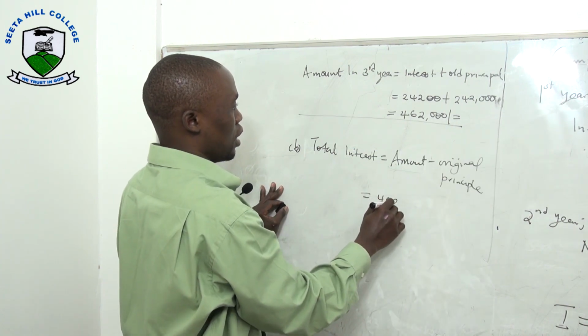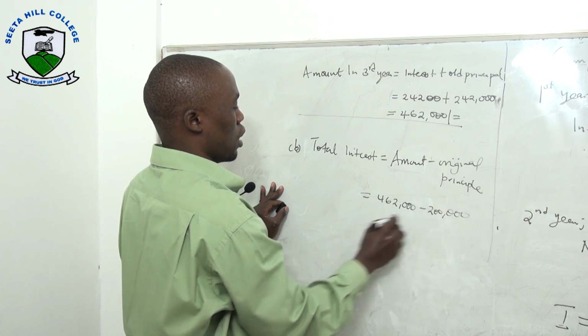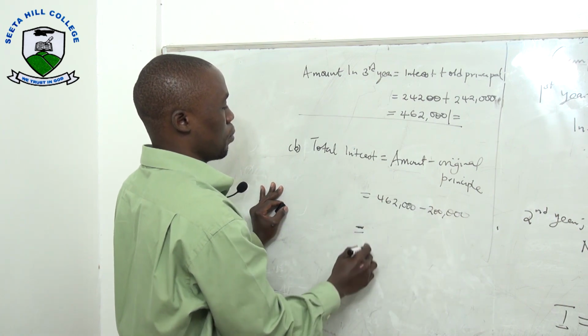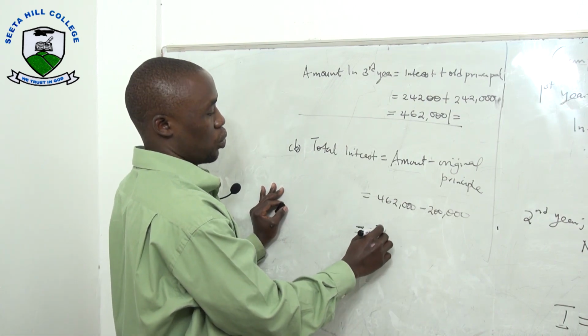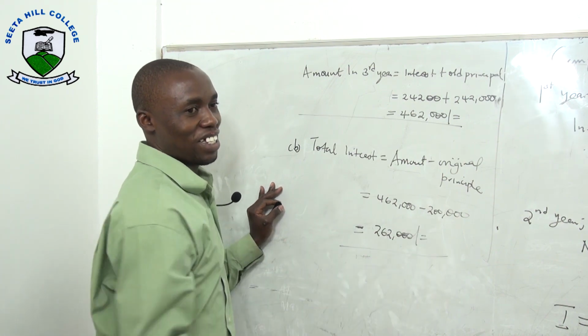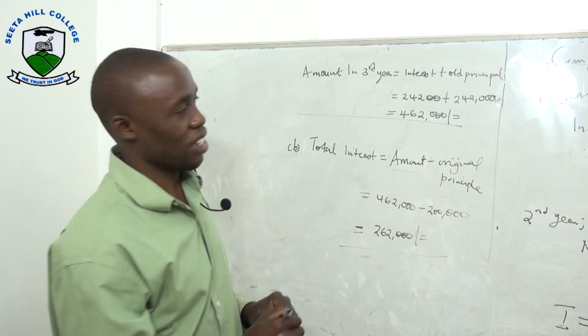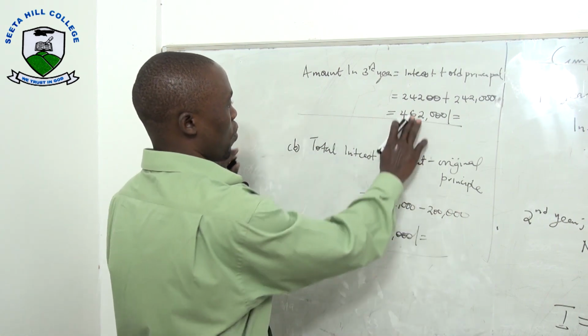And that is 266,200 minus 200,000, giving us, that is 66,200. Let me check that value.